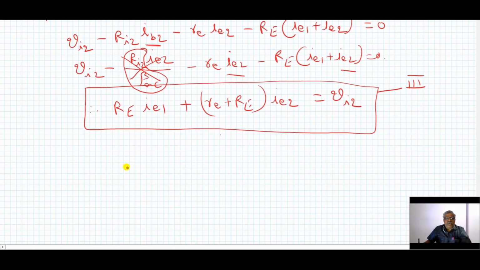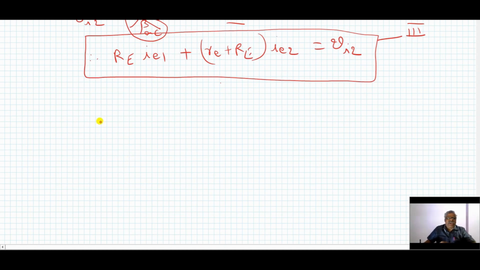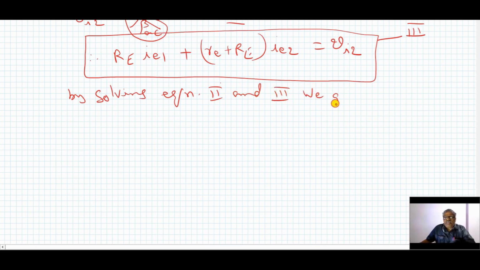You know how to do that mathematically, solving simultaneous equations. So, directly I am writing the expressions for IE1 and IE2. By solving equations 2 and 3, we get the expressions for IE1 and IE2 as follows.